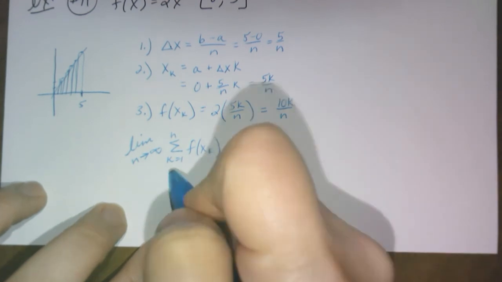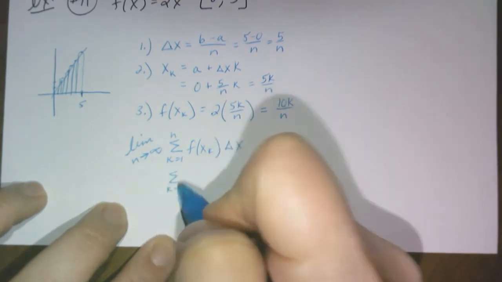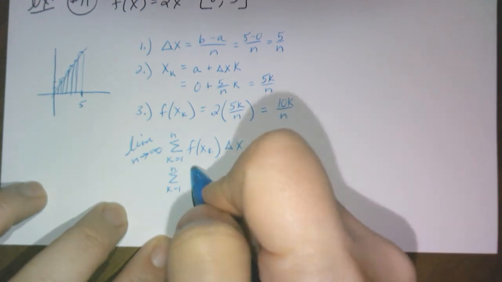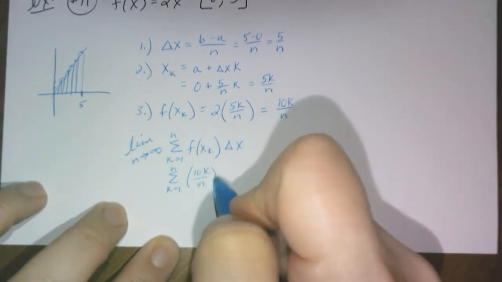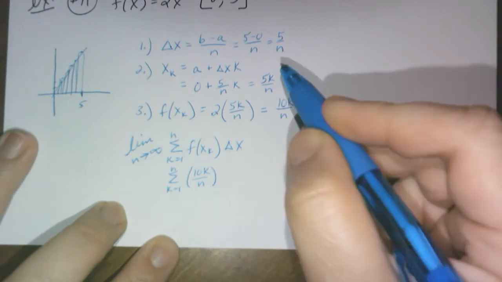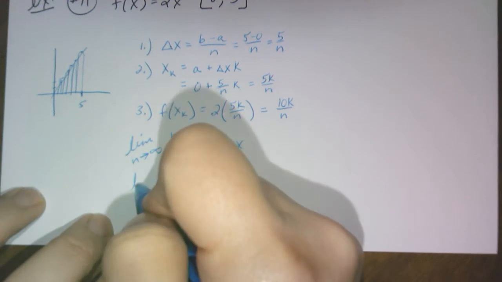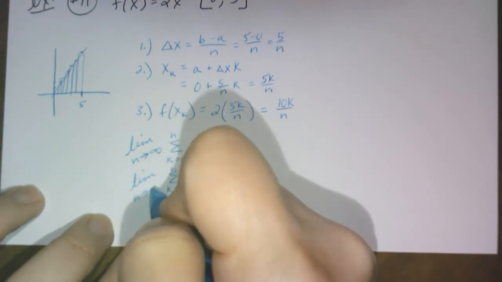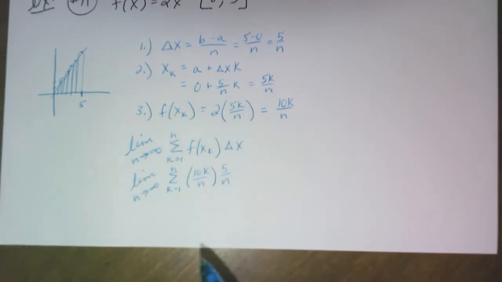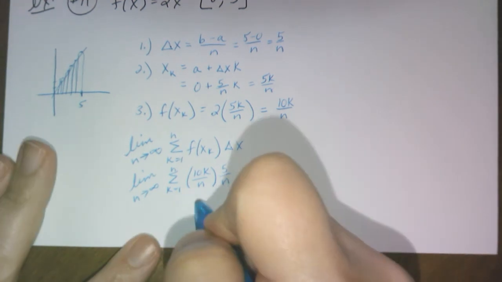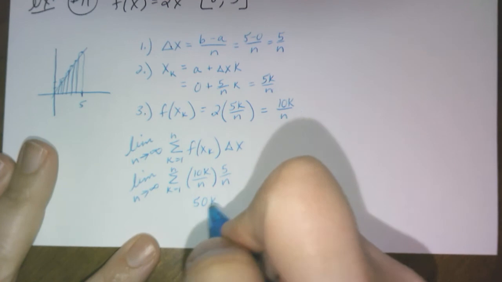So that would be f of x sub k being 10k over n times delta x, which was 5 over n. So let's see if we can clean this up. This would be 50k over n squared.